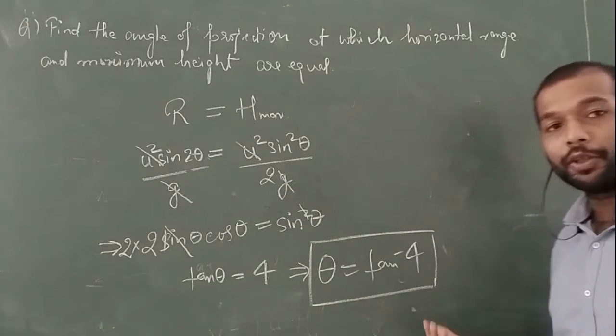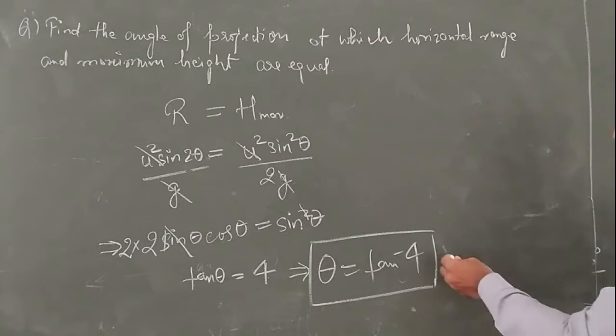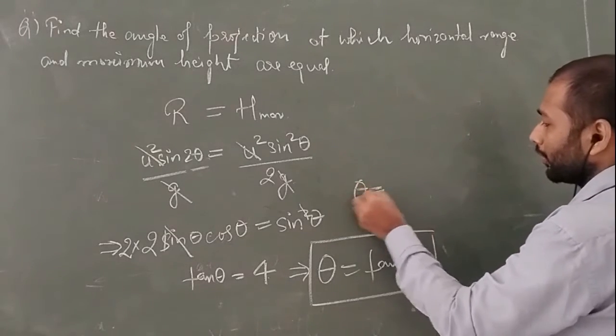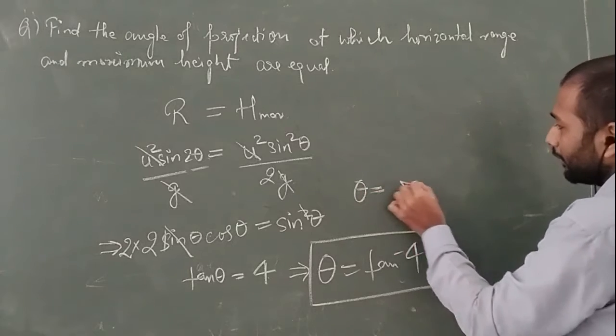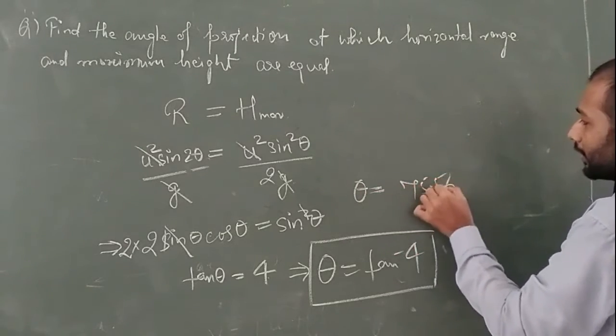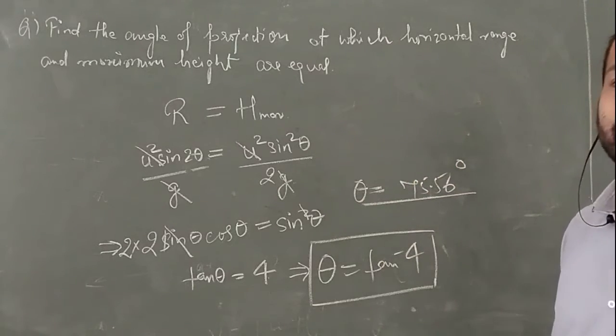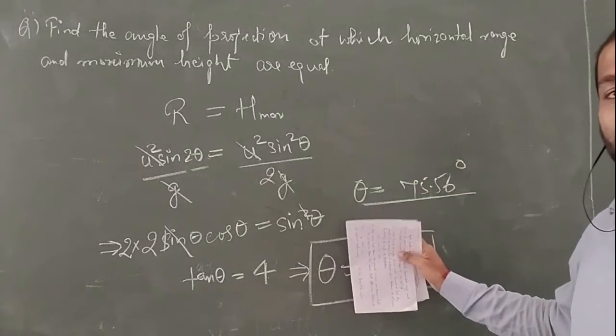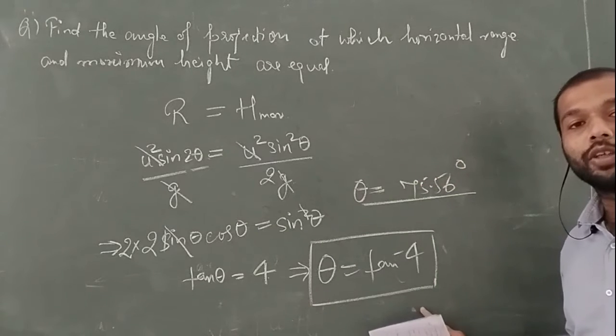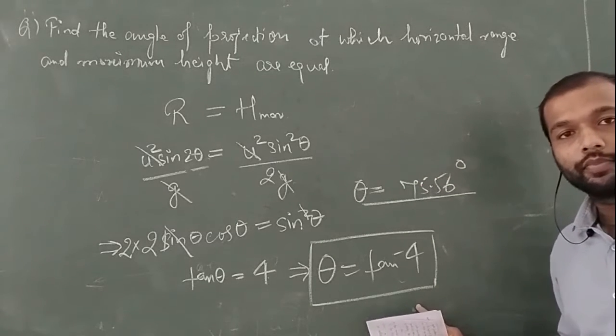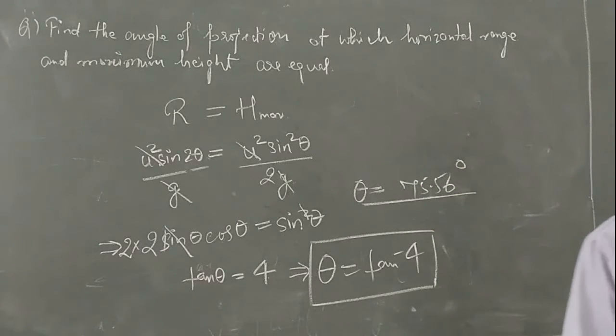If I write a particular value of theta, it is approximately equal to 75.56 degrees. You can write this approximate value here, or you can simply leave your answer at this point. Next, let's move to the next question.